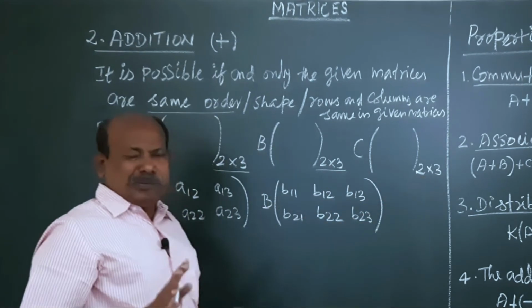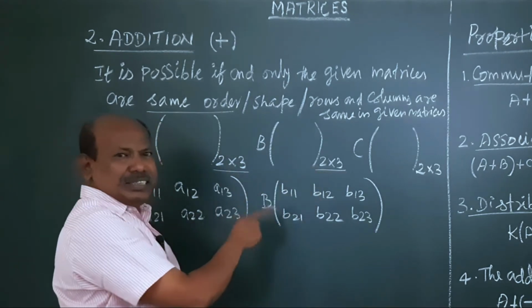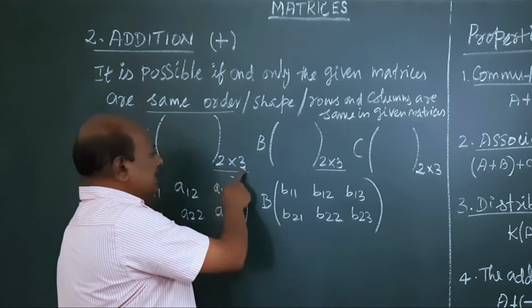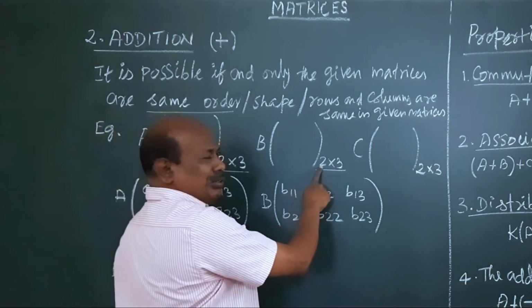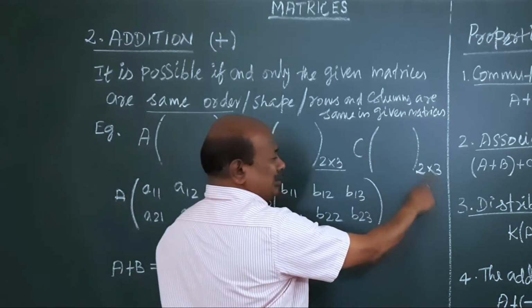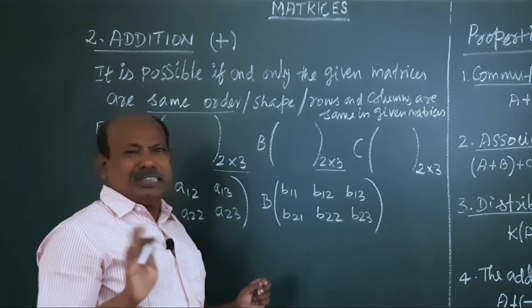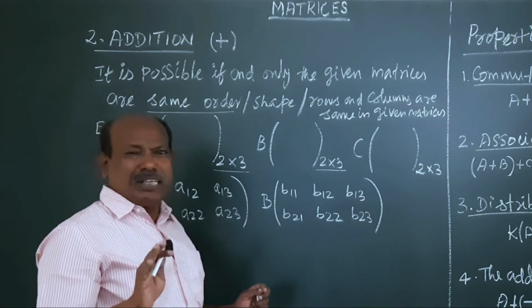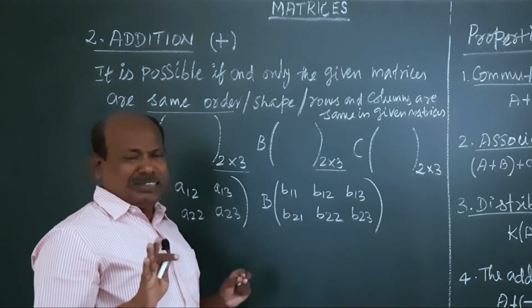Here 2 rows, 3 columns; here also 2 rows, 3 columns; here also 2 rows, 3 columns. If that is so, the addition is possible. Otherwise, addition or subtraction is not possible for matrices.